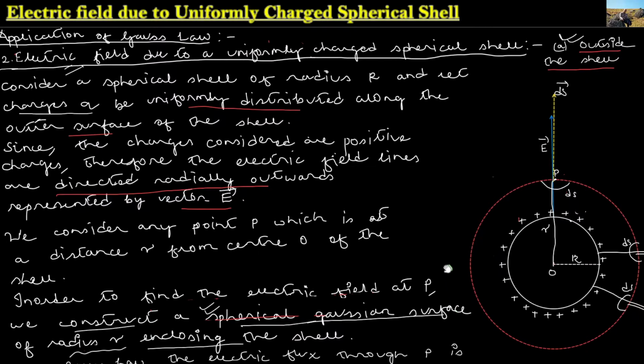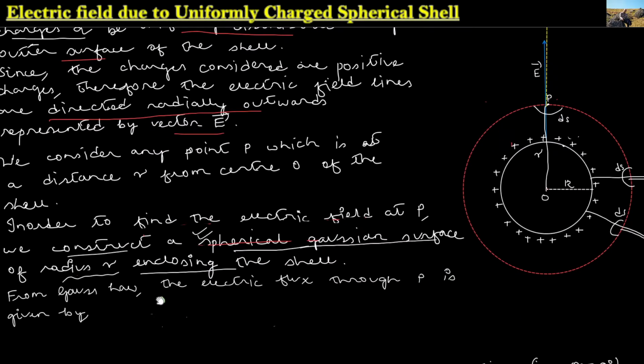In this case, from Gauss law, it follows that the electric flux through this point P is given by the expression phi equal to closed integration of E dot ds, with vector notation, and this will be equal to Q divided by epsilon naught, where epsilon naught is our absolute permittivity of free space.